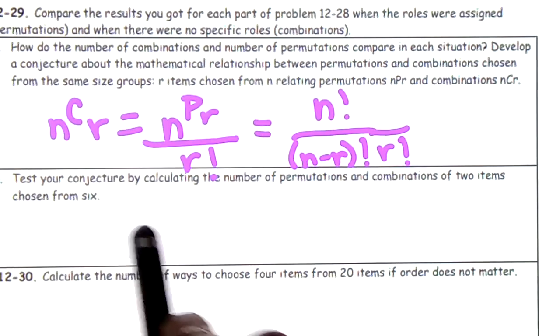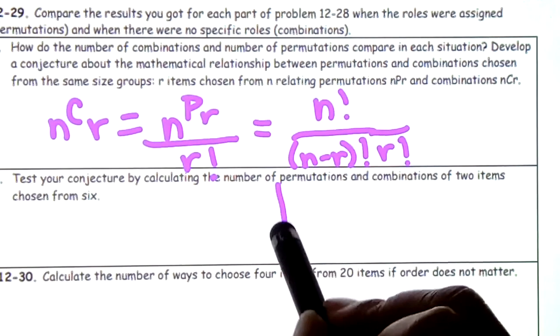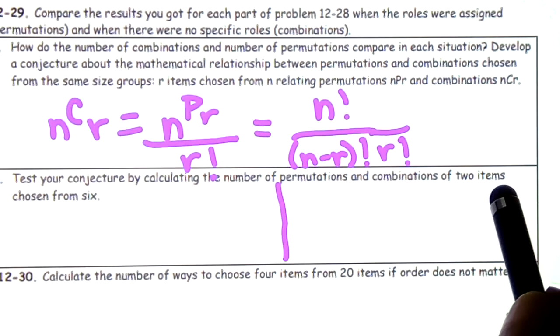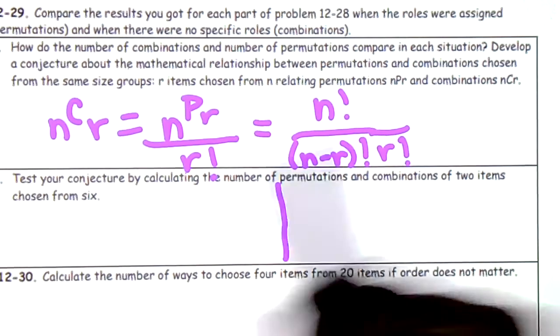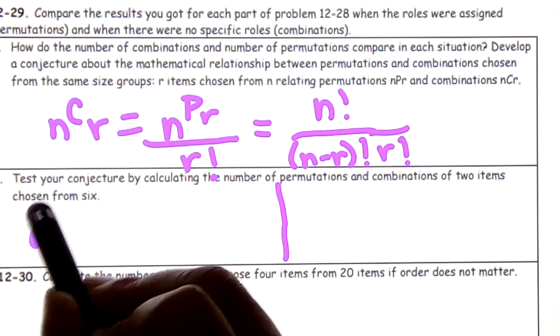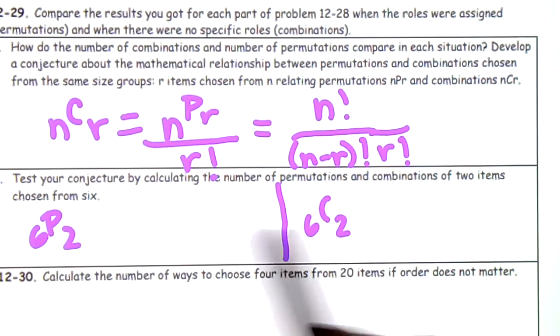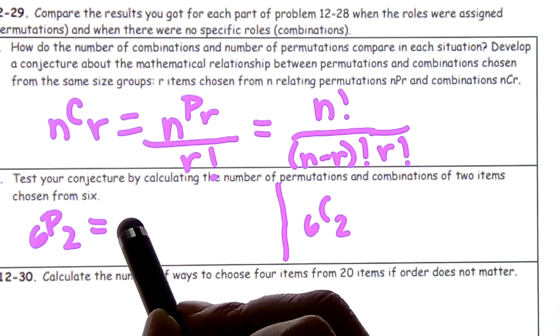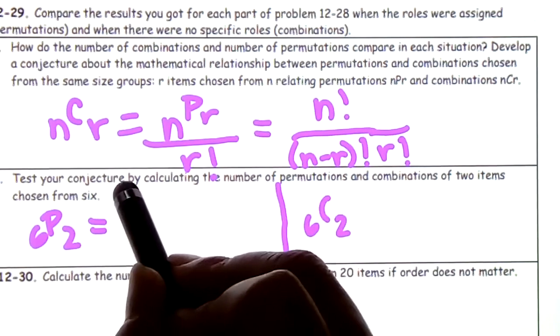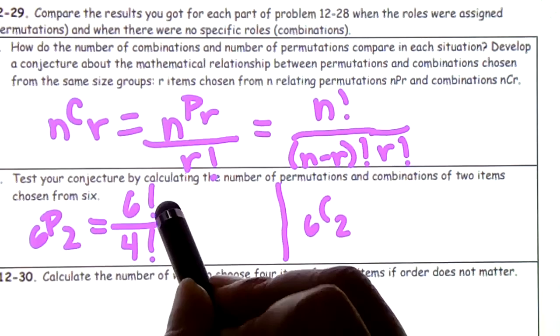So now they want us to test this: calculate the number of permutations and the number of combinations of 2 items chosen from 6. So on this side, I'm going to do 6P2, and on this side, I'm going to do 6 choose 2. So 6P2 is 6 factorial over 4 factorial.